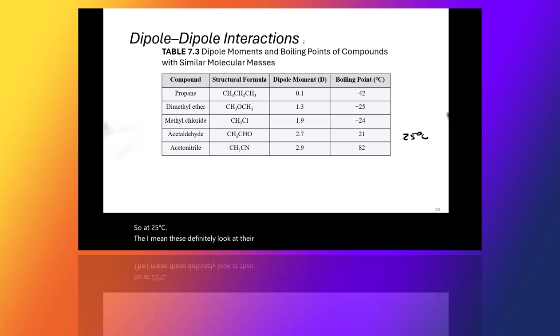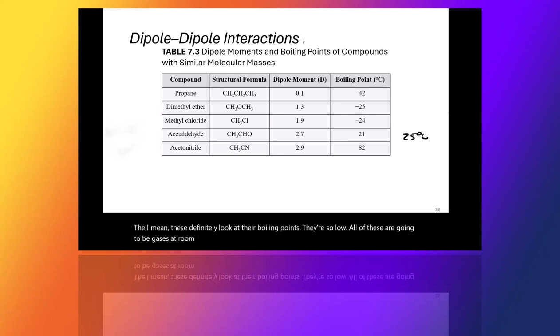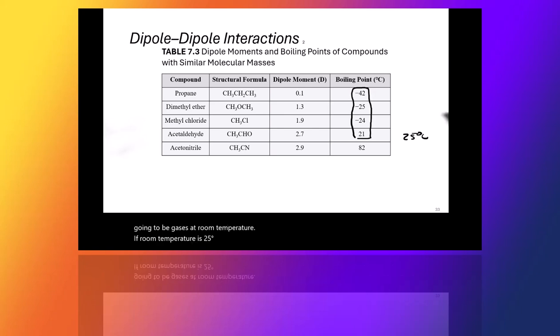They're so low. All of these are going to be gases at room temperature, if room temperature is 25 degrees Celsius. Acetonitrile will be a liquid at room temperature because its boiling point isn't until 82 degrees Celsius. Well, that kind of makes sense, right?